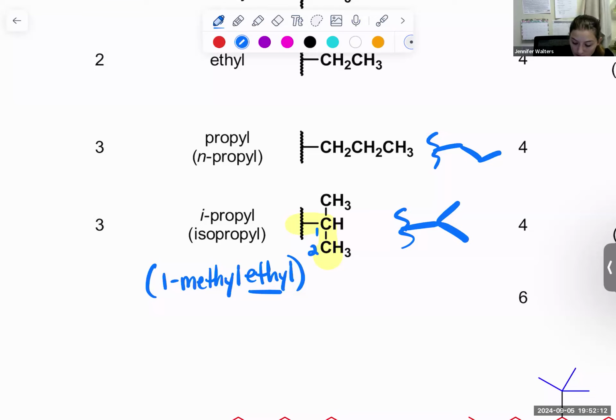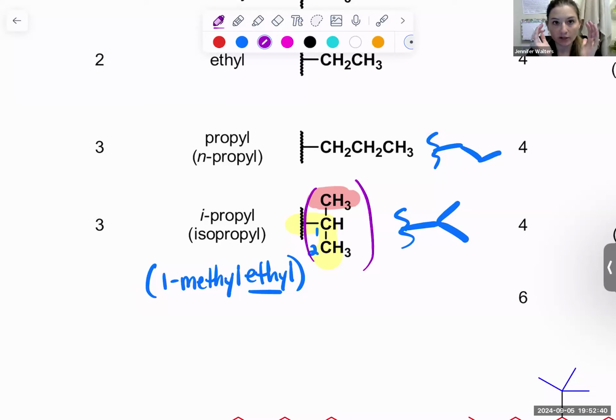Off of that, I find this 1-carbon substituent, so a methyl. It's a 1-carbon substituent on a 2-carbon substituent. It is attached at carbon 1 of my branch. So the 1 goes in the parentheses. The parentheses are representing that entire branch substituent.